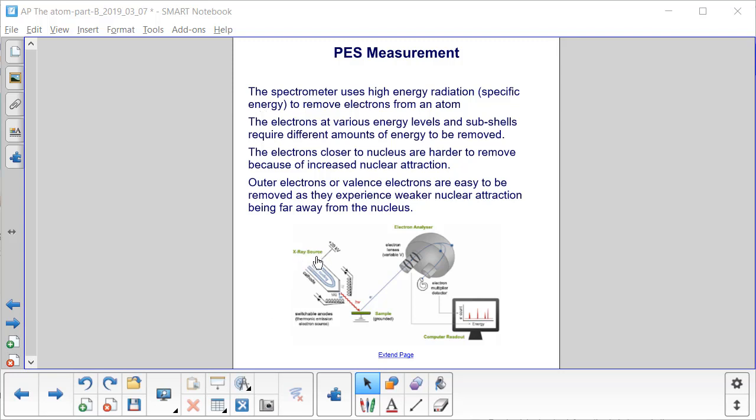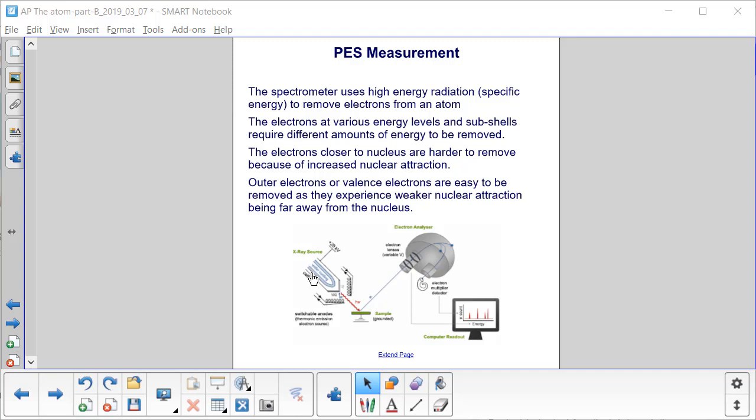Here it's an X-ray source, so a high energy X-ray with an energy equal to hν, where ν is frequency, so that has some given energy. That energy is fired at some sample, enough to remove electrons. Remember that if you remove electrons, you form an ion. So this is where we say that the sample is ionized, or electrons are removed from it.